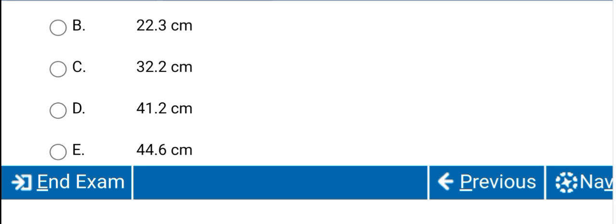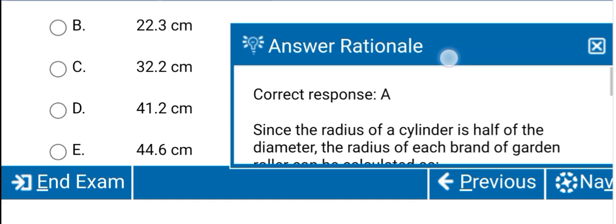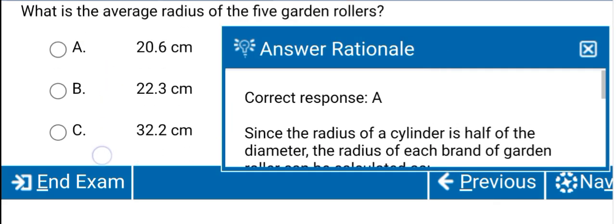So here we have these options. Let's see which one is the correct option. The correct response is option A.